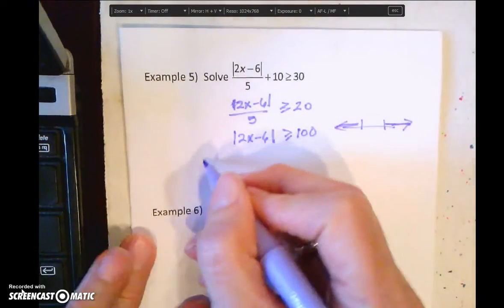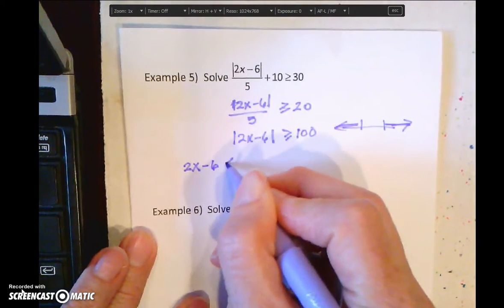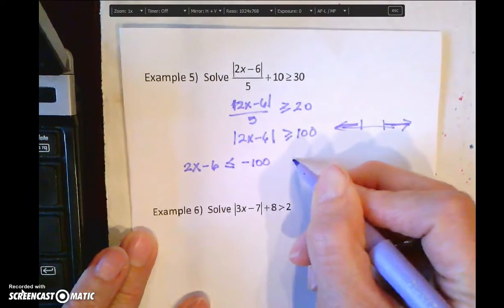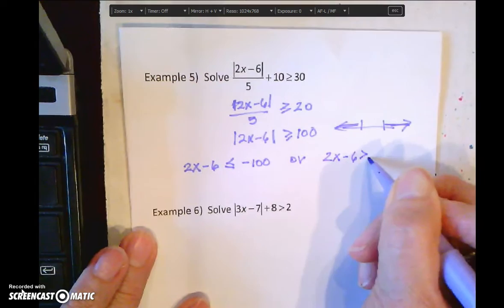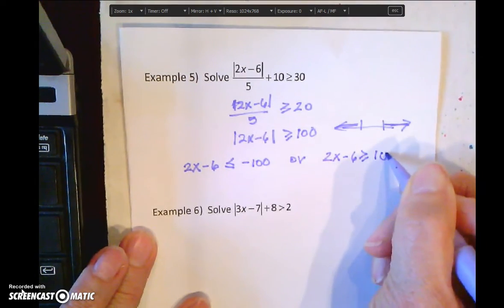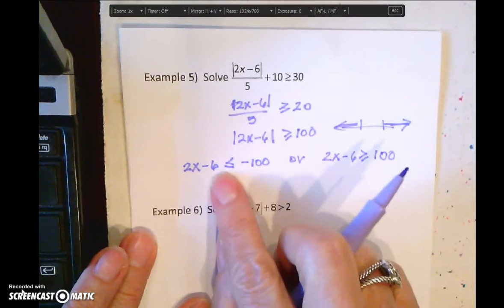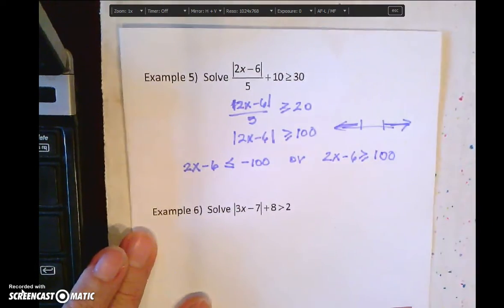So I'm going to have that my expression, 2x minus 6, needs to be less than or equal to negative 100, or 2x minus 6 has got to be greater than or equal to positive 100. So two things switched. This switched to less than a negative, and this stays greater than a positive.